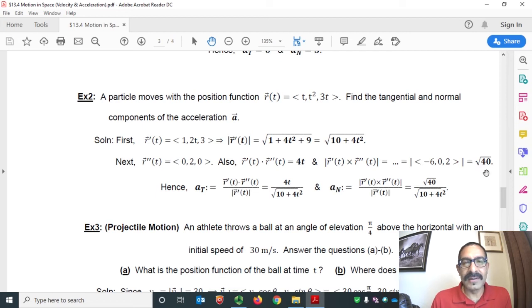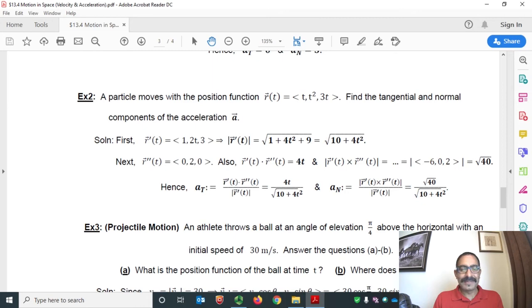Turns out to be radical 4t. Then by formula, aT equals 4t over the radical of 10 plus 4t squared, and aN equals radical 4t over radical 10 plus 4t squared. I hope this computation makes sense to you all.